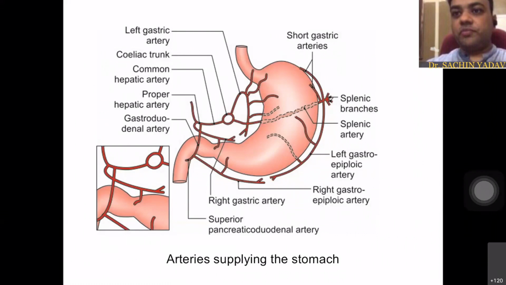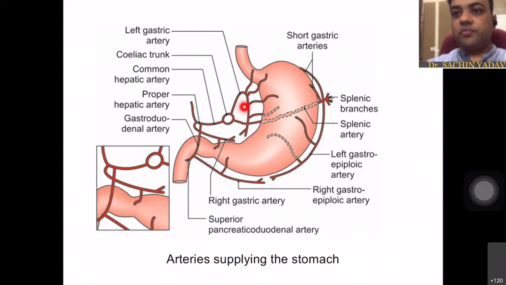How are they related to embryology, developmentally? The celiac trunk supplies the part of the gastrointestinal tract derived from the foregut. The superior mesenteric artery supplies the part of the GI tract derived from the midgut, and the inferior mesenteric artery supplies the structures derived from the hindgut. Just remember this.